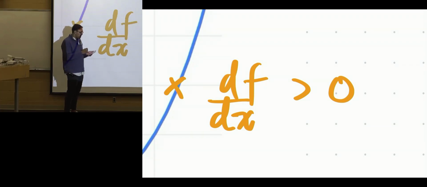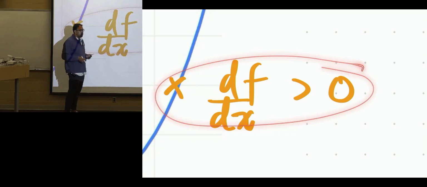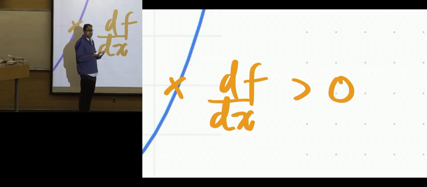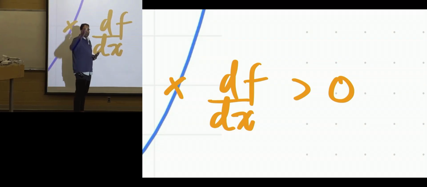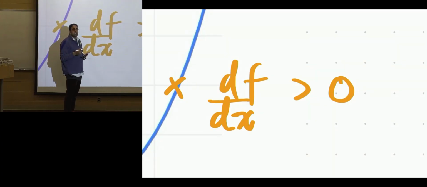What should I do? If at this point the derivative is positive, what should I do? The opposite direction? Yeah, I should decrease the input. Because the fact that the derivative here is positive means if I move to the right, the output will go up. If I'm trying to get to the bottom where the derivative is 0, that means I should move to the left or decrease my input.